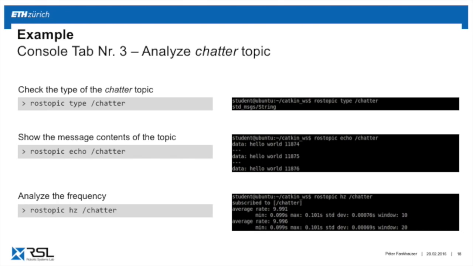You should see the message going up with increasing number. Now there's other commands such as rostopic hz, per hertz, which provides you the frequency at which this topic is published. So if you type in rostopic hz /chatter, you'll see that it measures for a while and then gives you the average rate together with a min and max and standard deviation. How fast are these messages sent out on this topic?